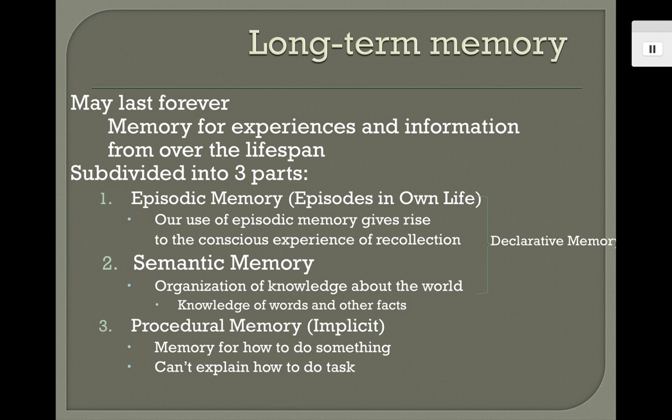Now, with semantic memory, what we have is just the general organization of knowledge about how the world works. So information about words, about other facts that we may know, things about history and things of that nature, that you don't specifically know where you learned, but you just know the information. That's very important to understand: with semantic memory, we don't really know specifics about where we learned it.